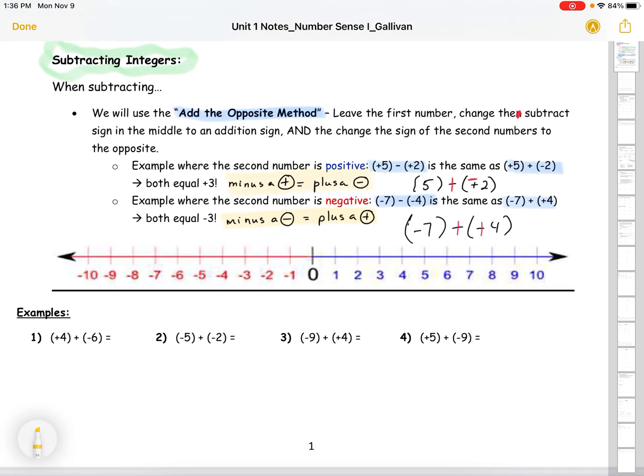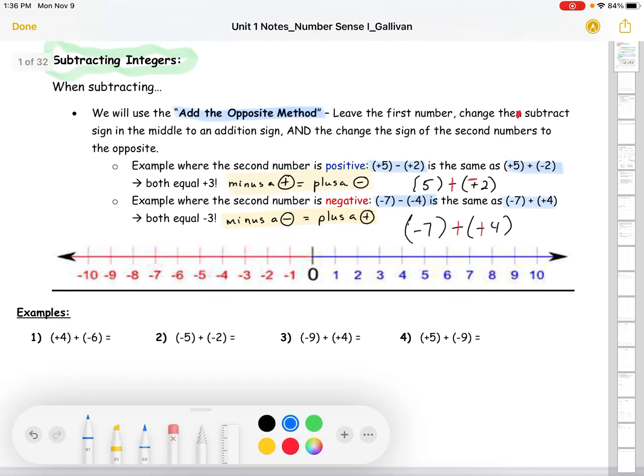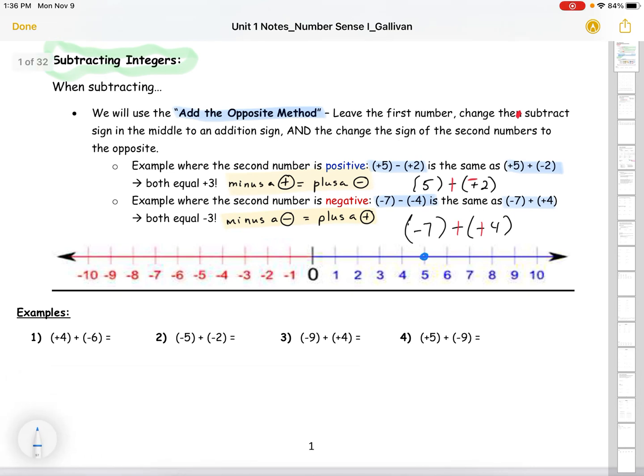Now, some people like to use a number line to think about the direction you're going. A number line connects us with things like thermometers. Looking at the first example, positive 5, and we're minusing positive 2.